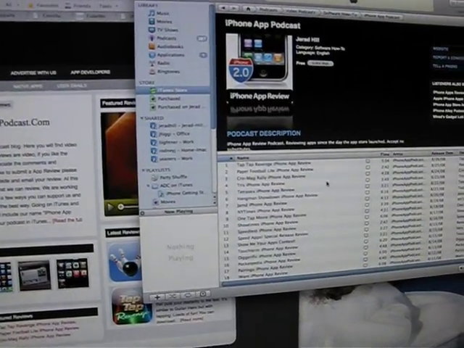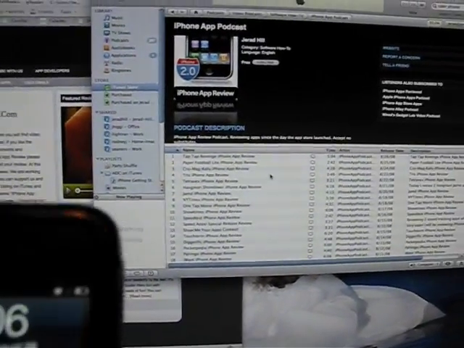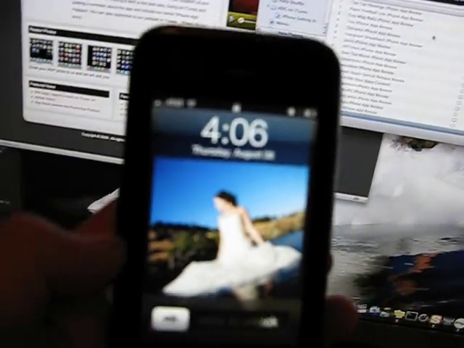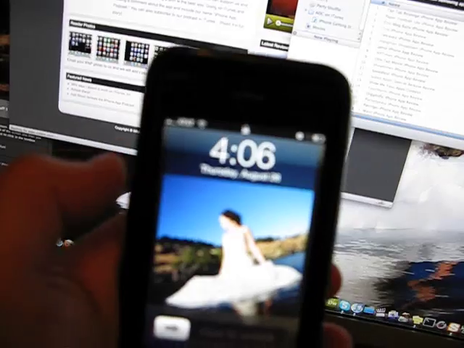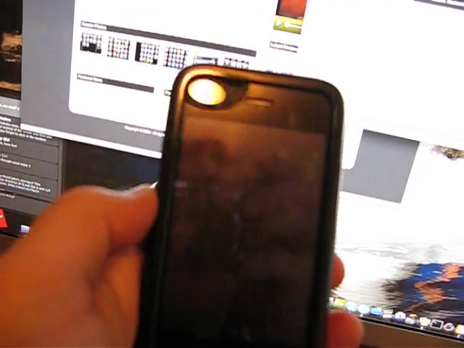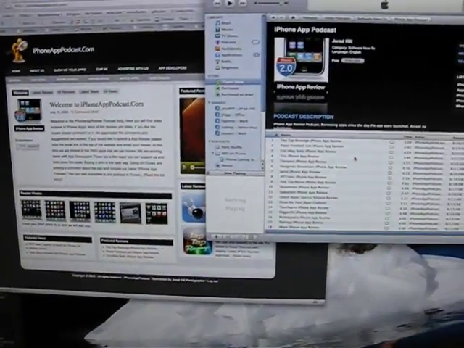Now, the reason that you would want to do this is because a lot of times your phone is in the middle of doing something. If you're familiar with the little thinking icon up there in the front, then you know what I'm talking about. The iPhone is half the time doing some thinking.